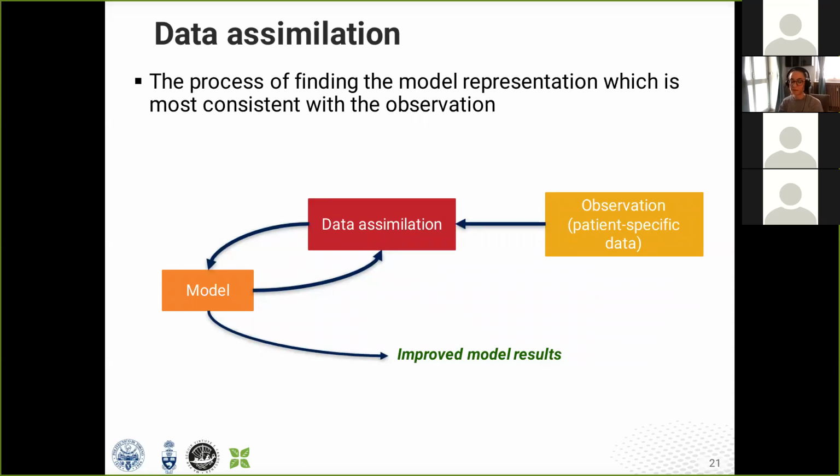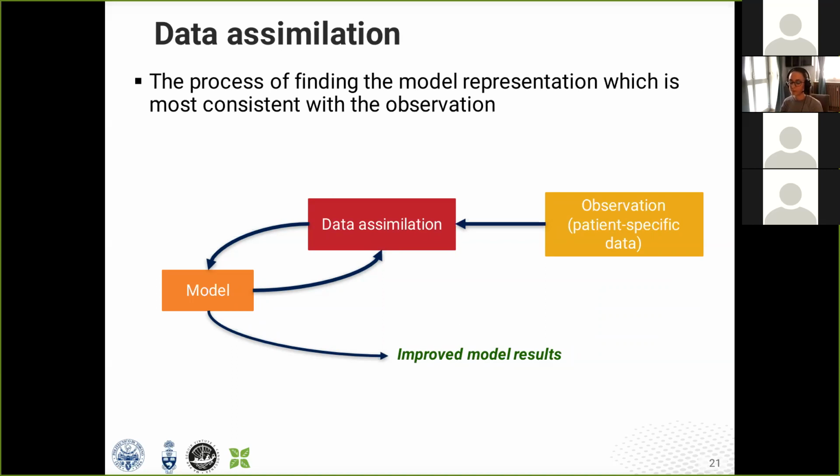Data assimilation is exactly the process of inserting data that come from nature, what we call observations, in our case our patient-specific data, into a mathematical model, so that the model in the end will be as close as possible to what's happening in real life, but still it's a mathematical model, so you have a physical description of the phenomenon going on.